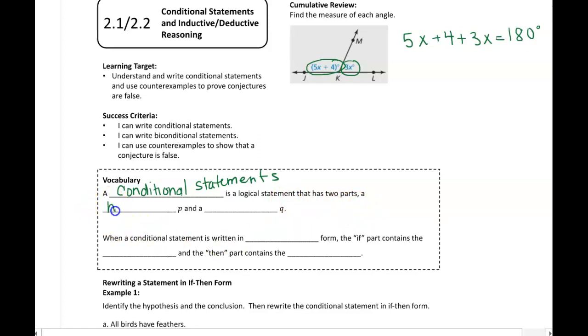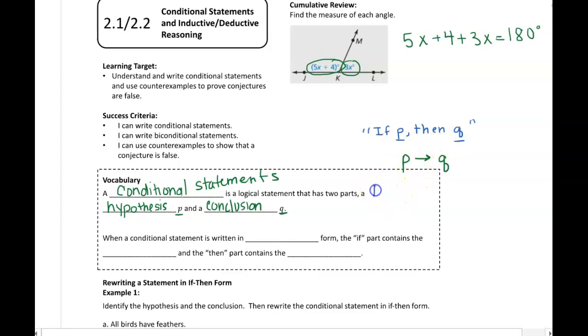It has the hypothesis, which is the P, and this will make sense in a minute, and the conclusion, which is the Q. Okay, so conditional statements, sometimes we write it like this, P then Q. Okay, and in words it'd say if P then Q. Okay, so usually your P and your Q will be given to you. So P is the hypothesis, Q is the conclusion.